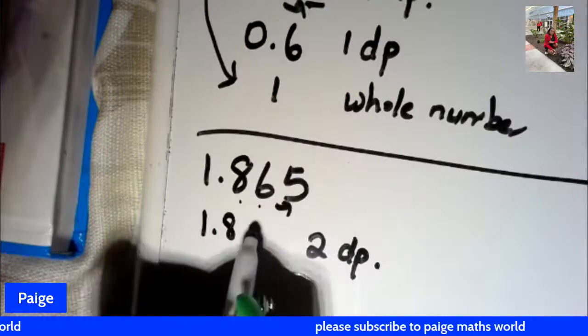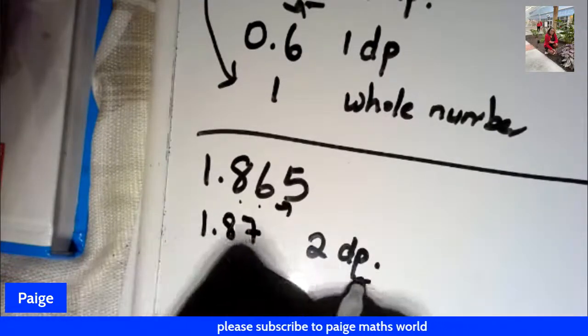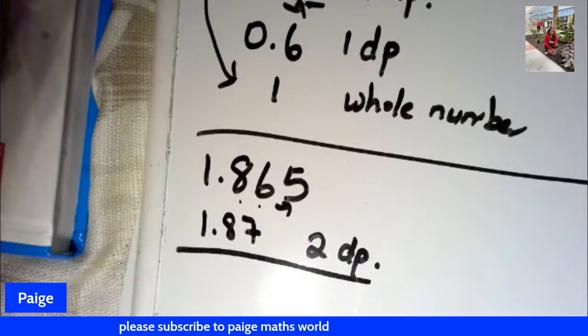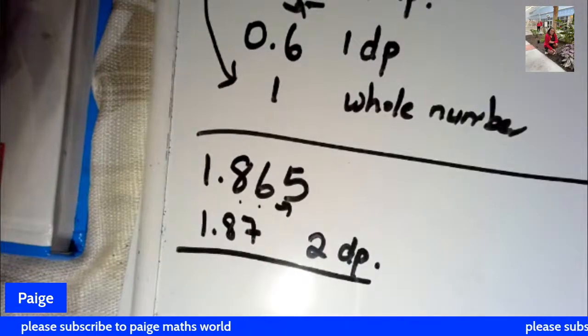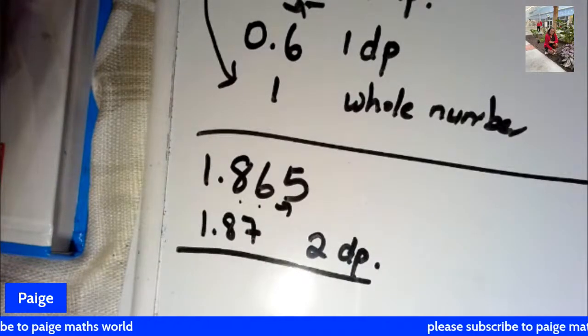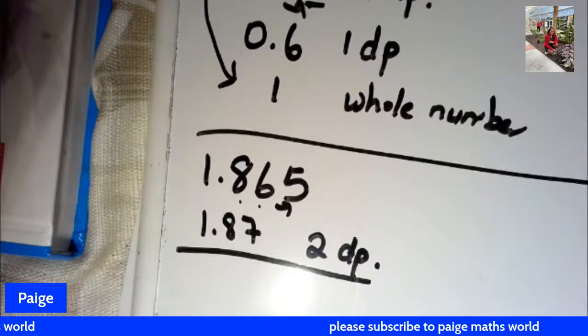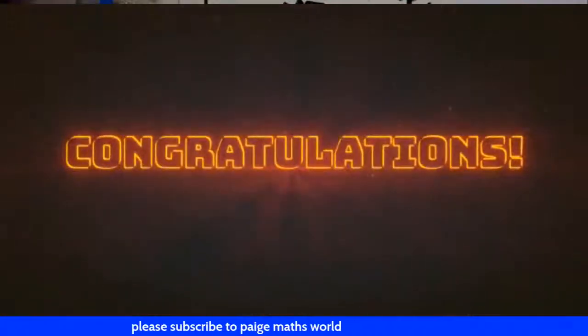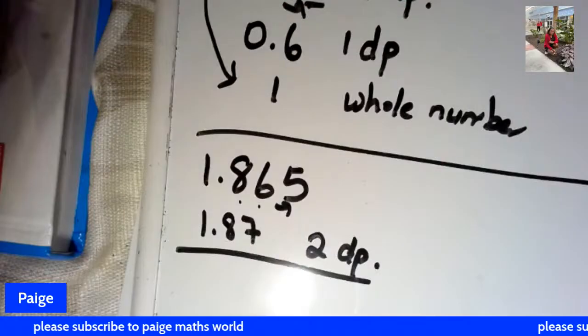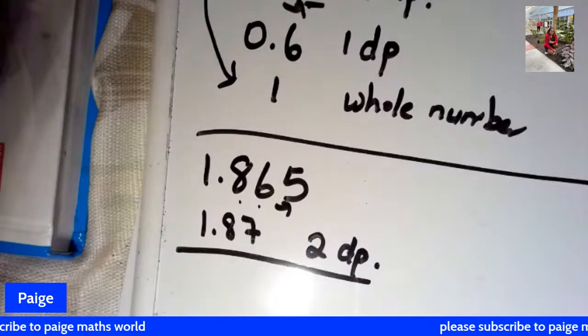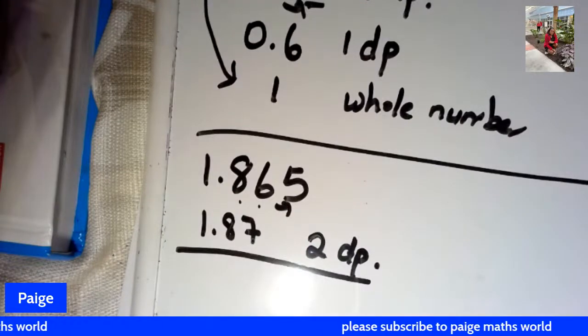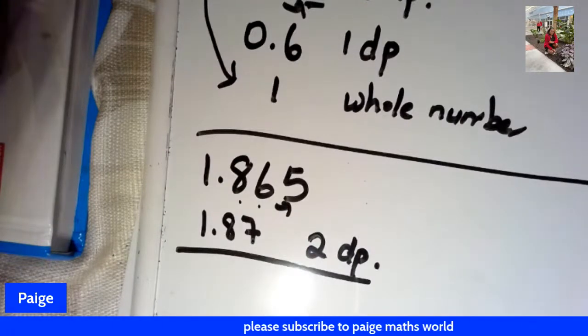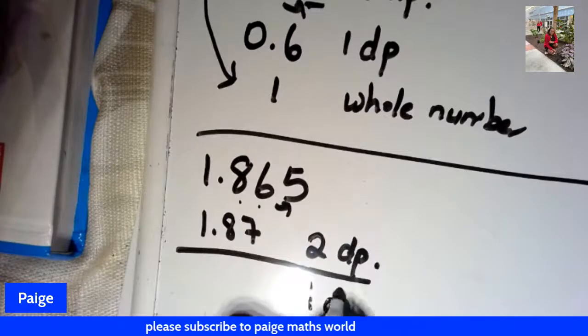It's 5 or more, so 1.87. So to two decimal places, it would be 1.87. Okay, yes, congrats. All right, rounding off to the nearest 1 dp.